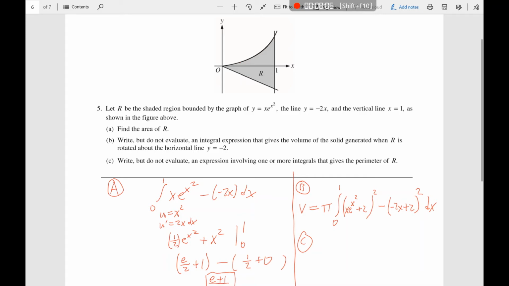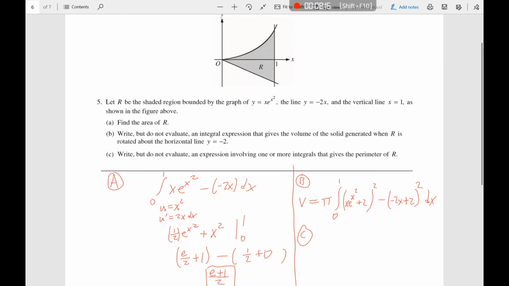Okay. So we'll need... You've got it, keep going. So arc length, I assume for the top function, right? Okay. Arc length is equal to what?